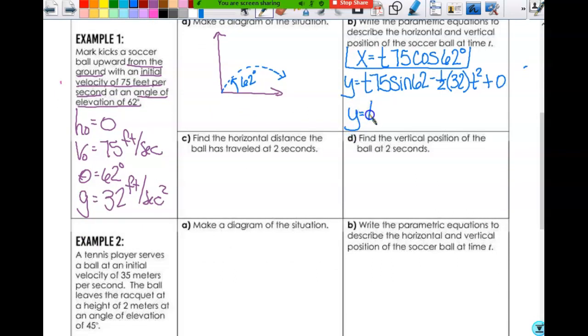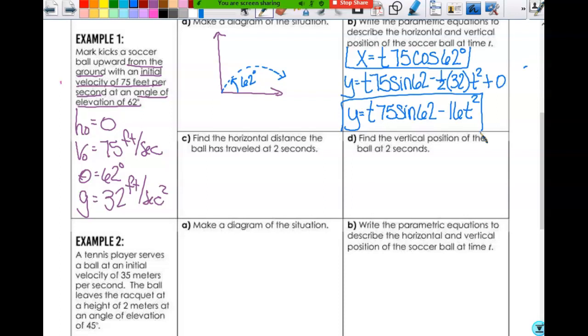That means that y equals t times 75 times the sine of 62, minus half of 32, which is 16, t squared, and I don't have to worry about the 0. There's that one. Okay. Any questions about my equations there?